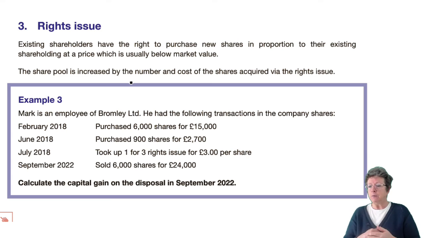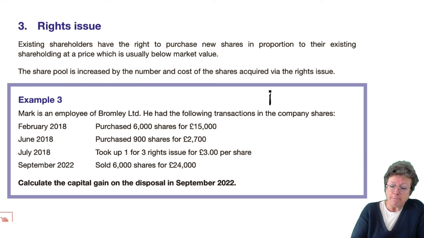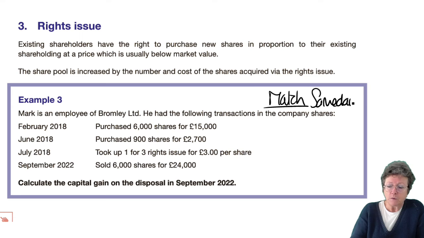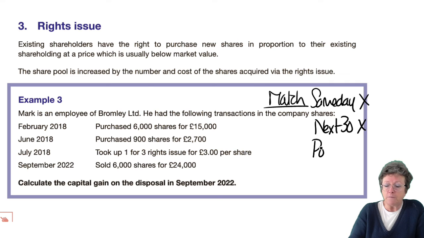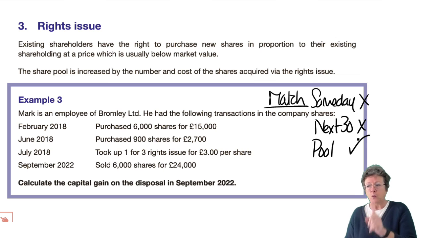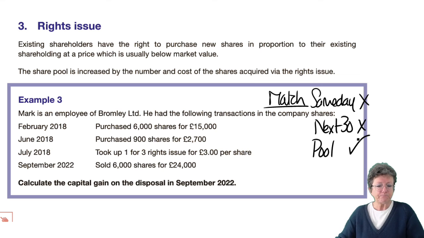Exactly the same as we've done before. Match. Did he buy any on the same day? No, he didn't. Next, 30. No, he didn't. Therefore, all of my shares will come out of the pool, and I only need one computation.